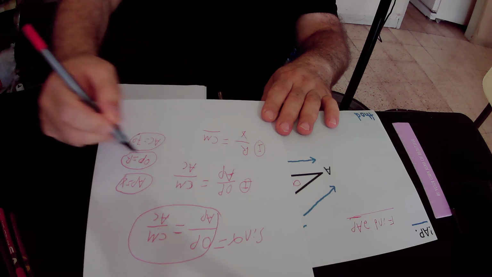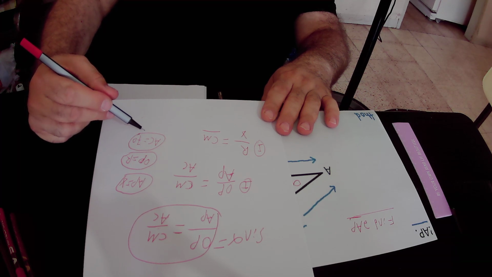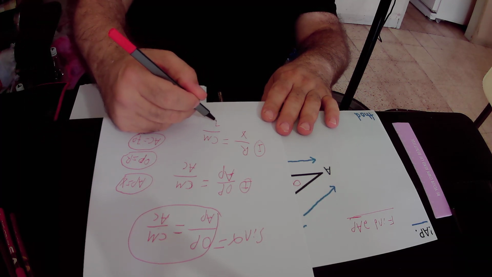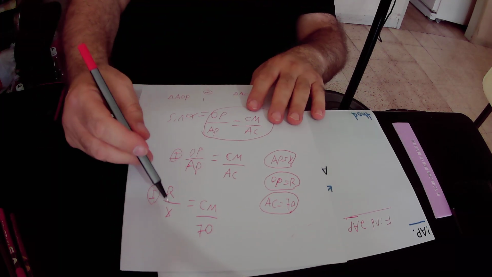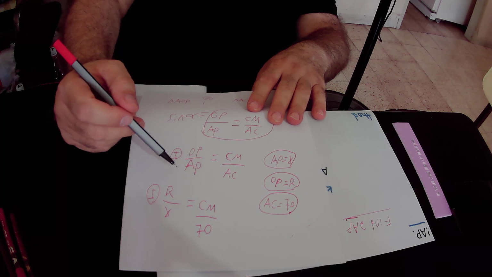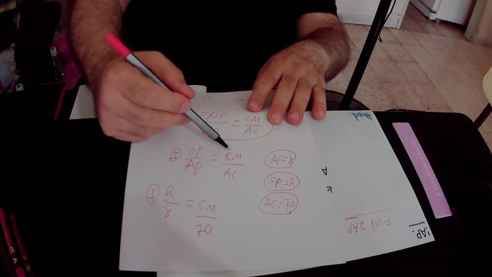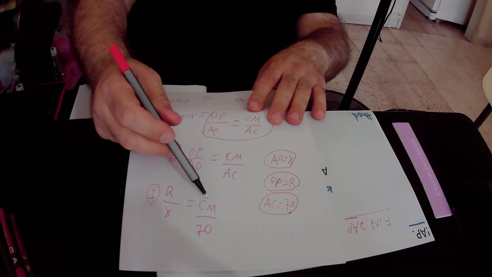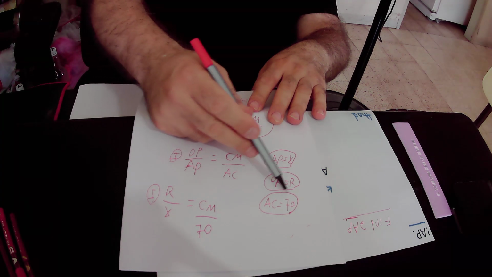Over AC. AC is equal to 70 units, it is given to us in the question. So I will substitute AC by 70. Okay, so equation 1 is R over X equals CM over 70.